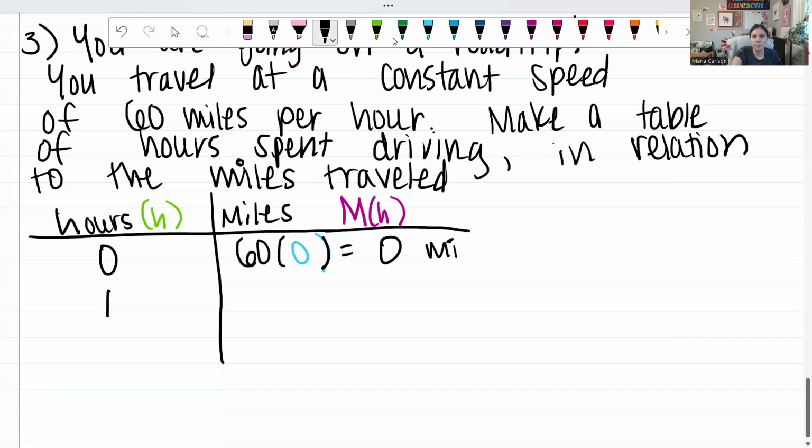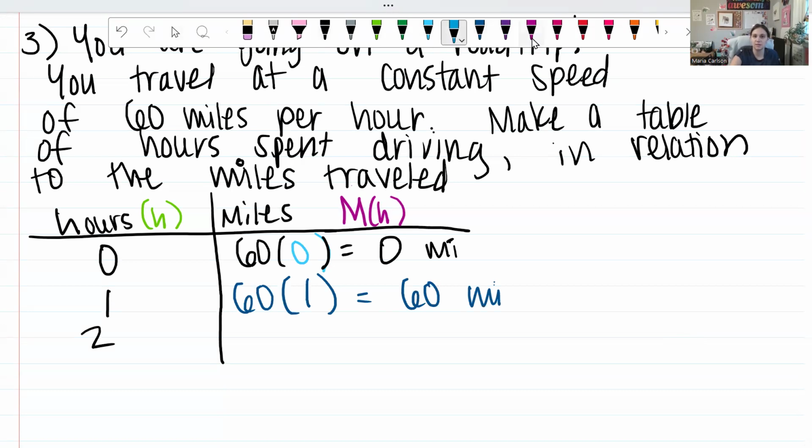After 1 hour, multiplying our speed, 60 times 1, we have now gone 60 miles. If we've driven 2 hours, multiply our speed, 60 times 2, and that gives us 120 miles.